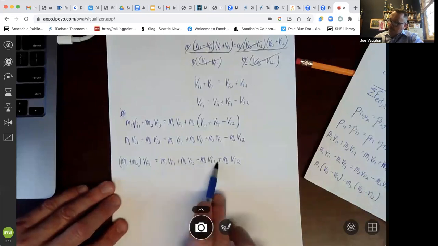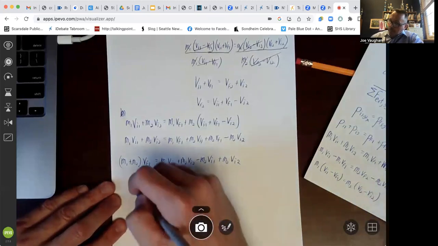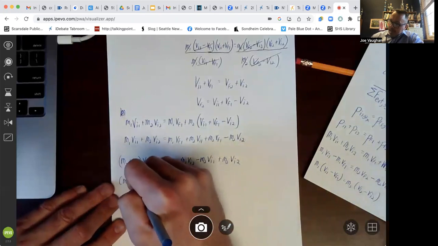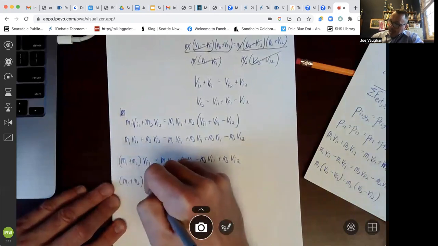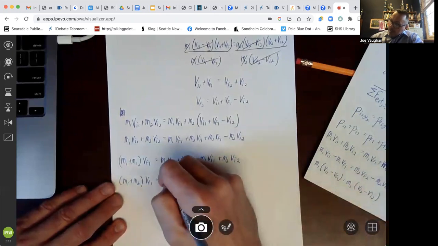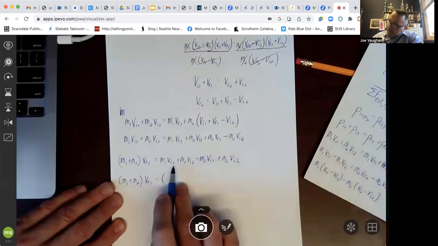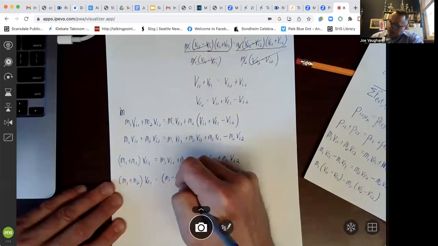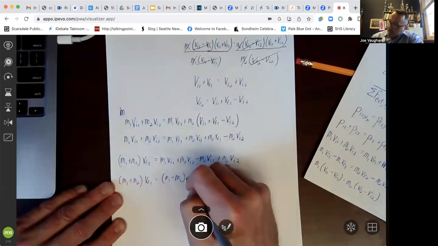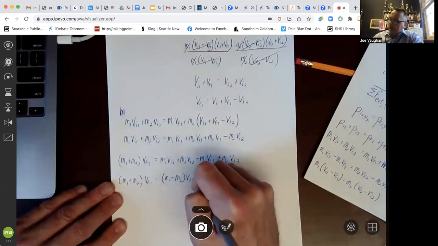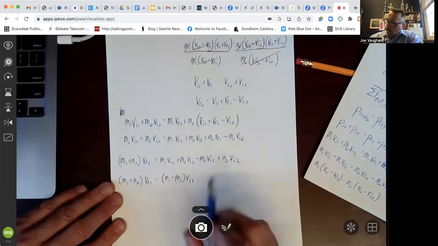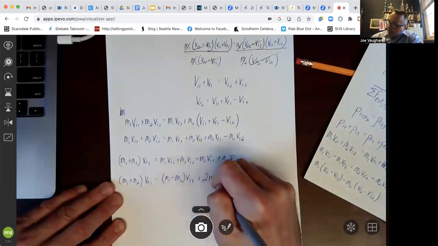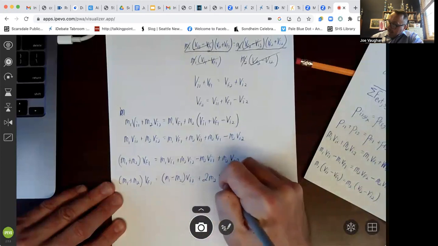And we'll notice here some groupings. I have things with VI1s and things with VI2s, so we'll group it that way. M1 plus M2 VF1 is equal to, and it looks like I've got an M1 minus M2 VI1. And then looking here, oh, I've got 2 M2 VI2.